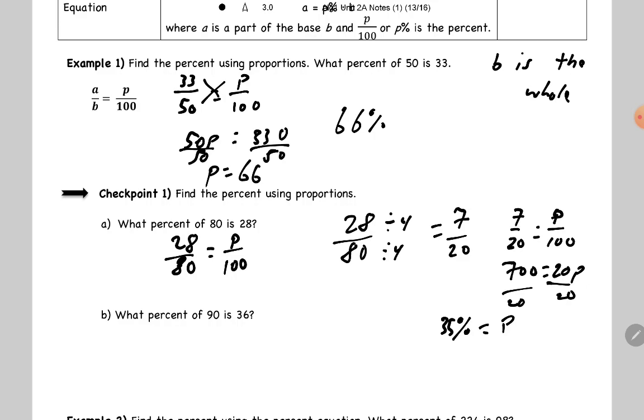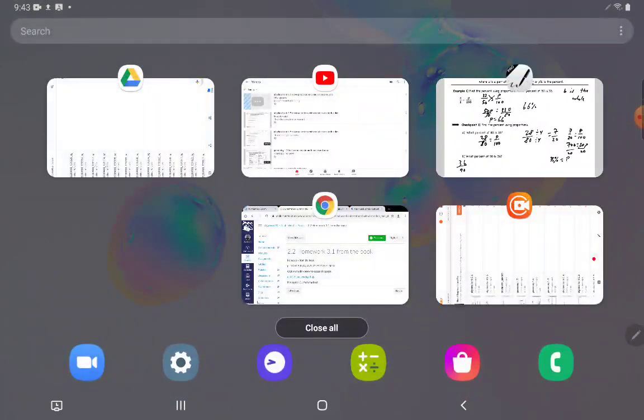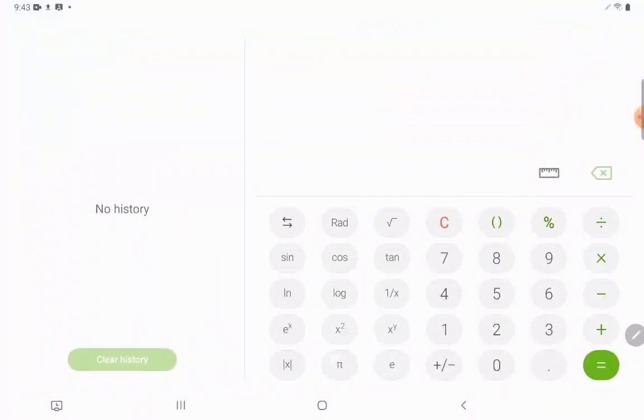Alright. So remember what you used to do is 36 divided by 90 in your calculator. I wonder if my tablet has a calculator. There it is. So what was I doing again? I was doing 36 divided by 90.